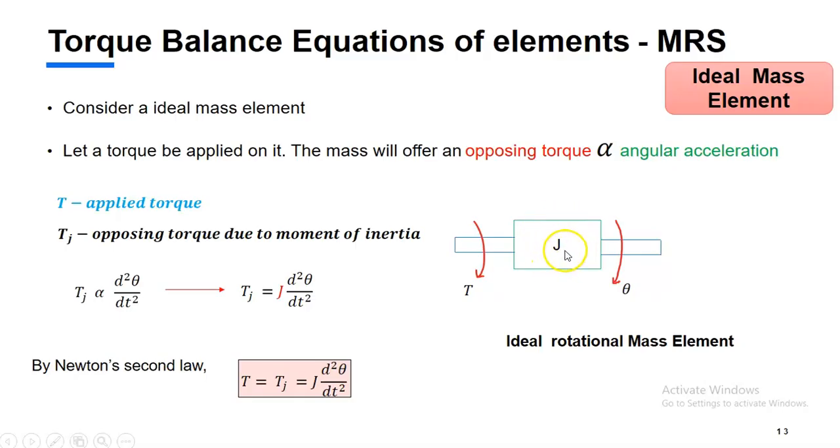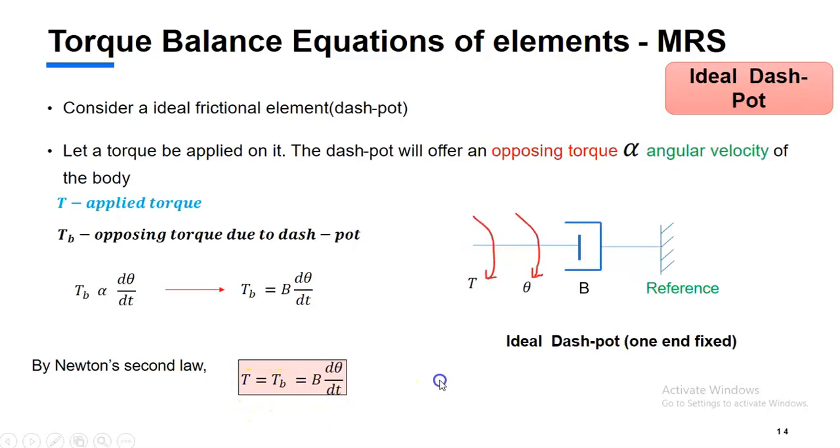It is represented by J in case of MRS. You are going to apply the torque, because of that it will rotate. It will produce some opposing torque which is directly proportional to angular acceleration. So because of that we are having the theta term, J into d square theta by dt square. This is applied torque is equal to opposing torque.